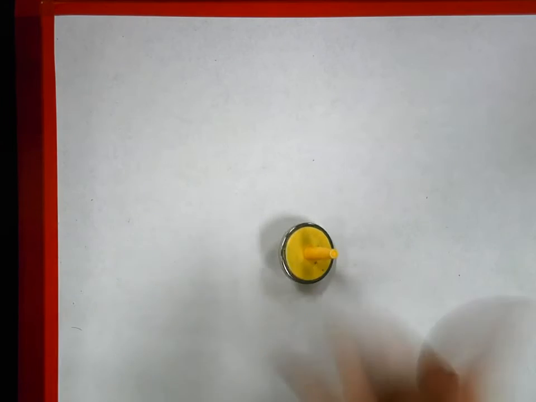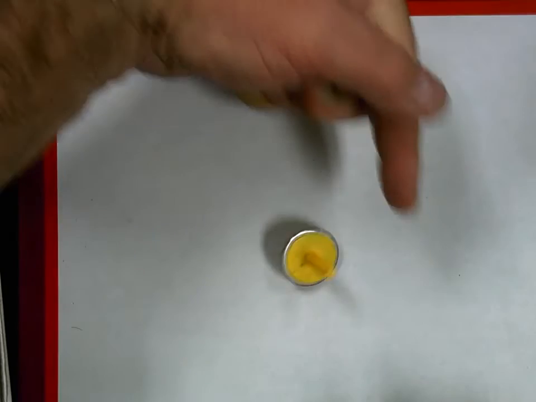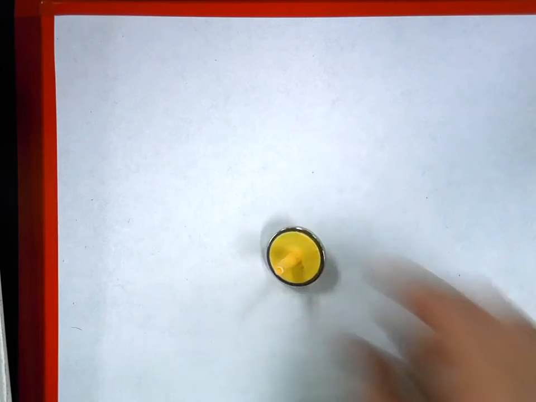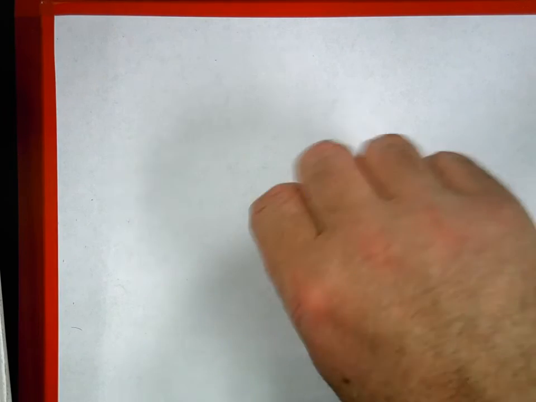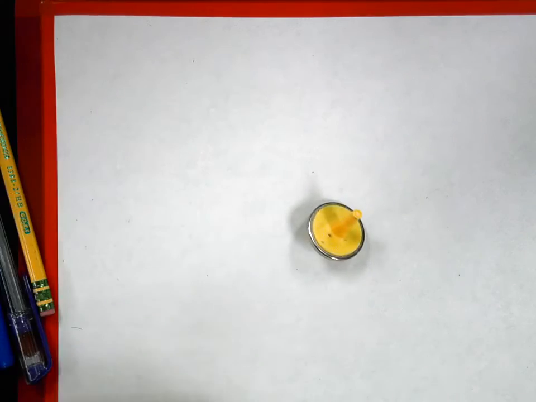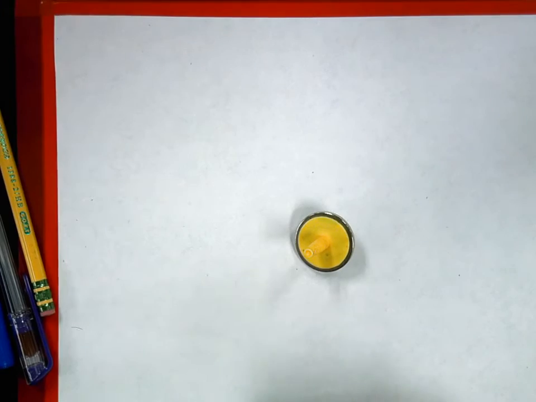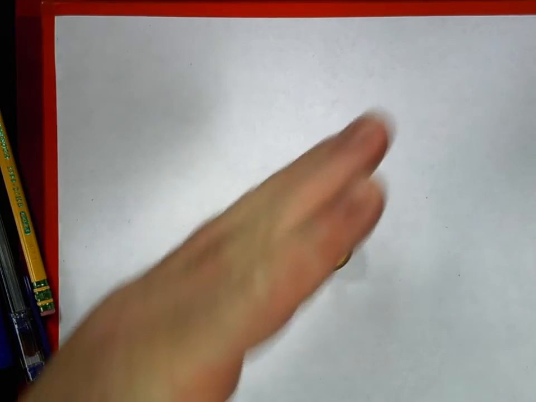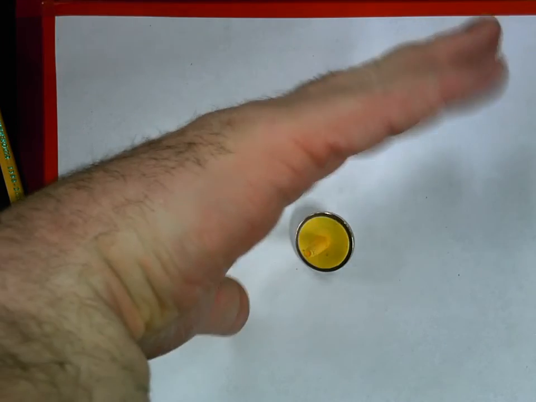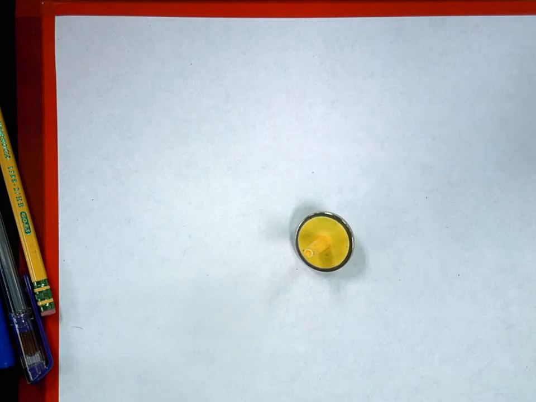So if we go R cross F, we take our right hand and turn our fingers in the direction of the force, which makes the thumb go down into the paper. That is the direction of our angular momentum.